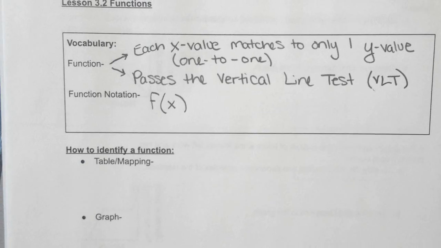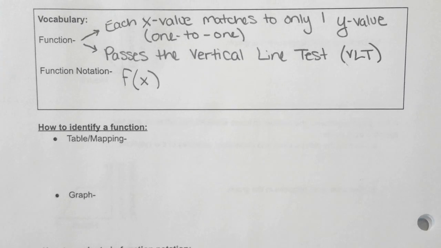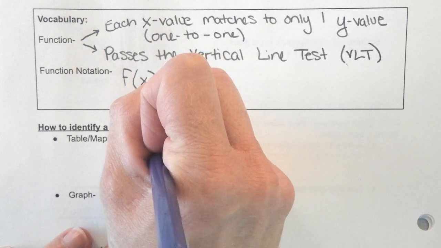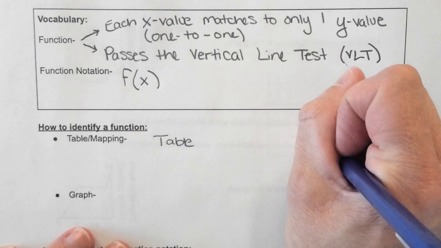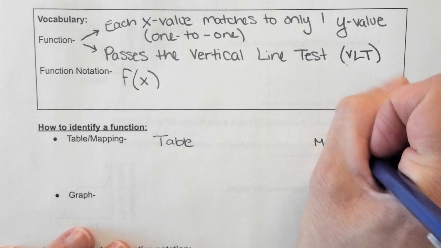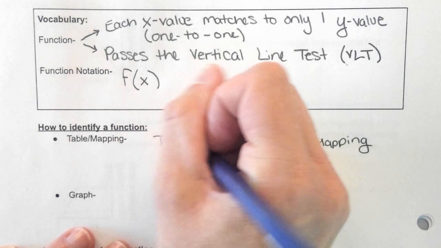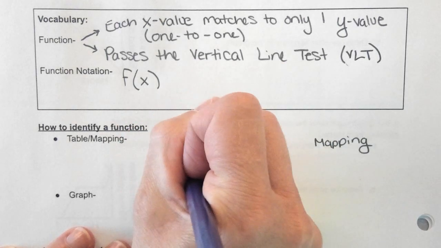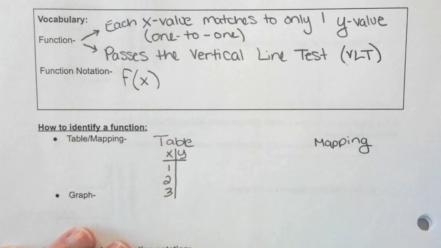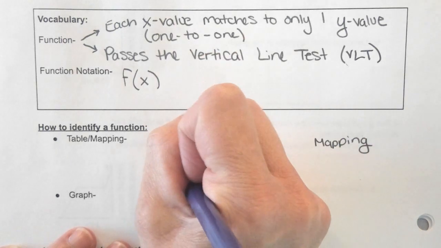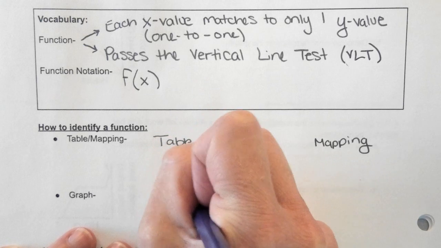Okay, how to identify a function. It depends on what you're given as to how you're going to identify it. So let's start with a table. Table and mapping are kind of two different things to me, so I'm going to show you them as two different things. If you have an XY chart, let's say you have 1, 2, and 3 being plugged in, and you get out 4, 7, and 12.